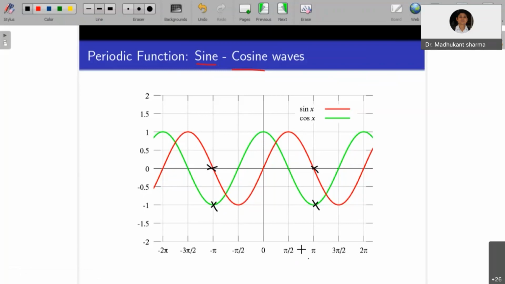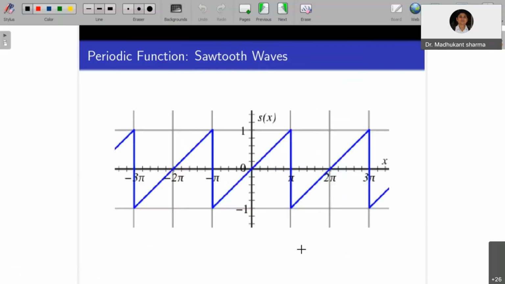Okay, right. Now another nice example is sawtooth waves. You can take this again from minus pi to plus pi.